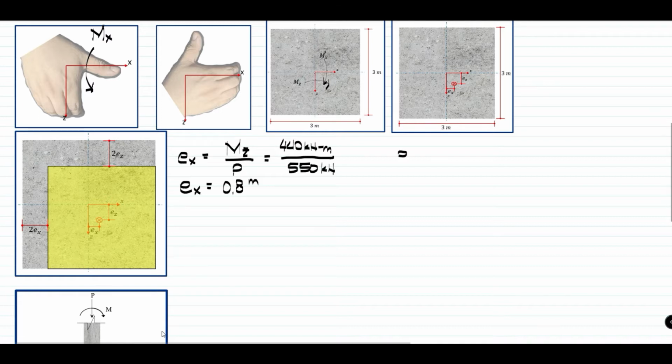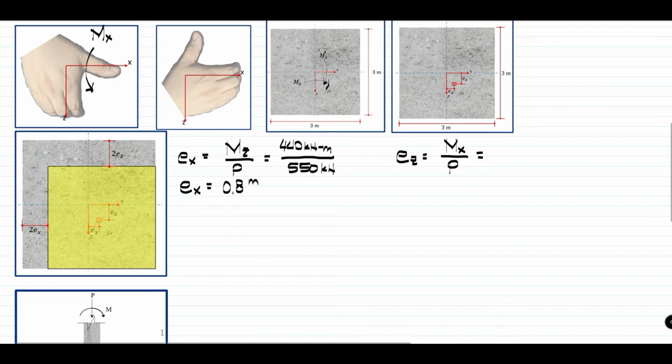Our E sub z now will just be equivalent to a value M sub x over P. So that will be yung M sub x natin, tanggalin lang natin yung sign. Okay naman na yun kasi that gives us the rotation lang.